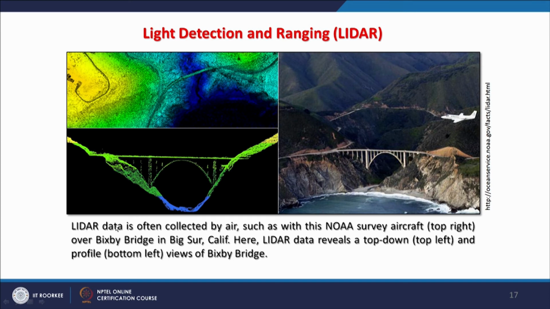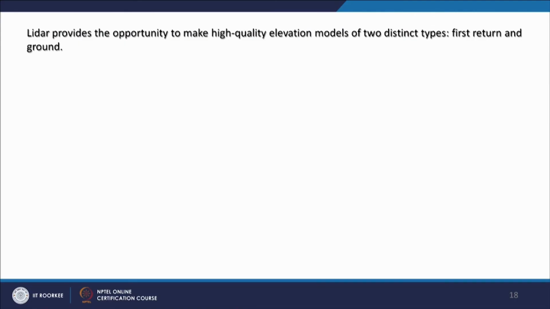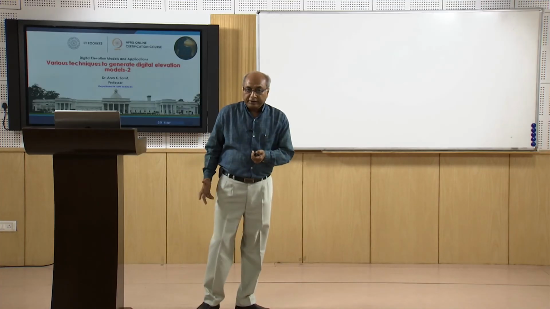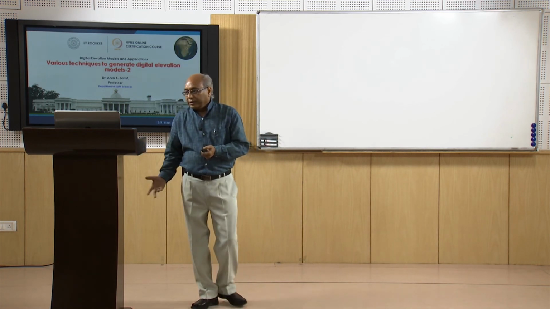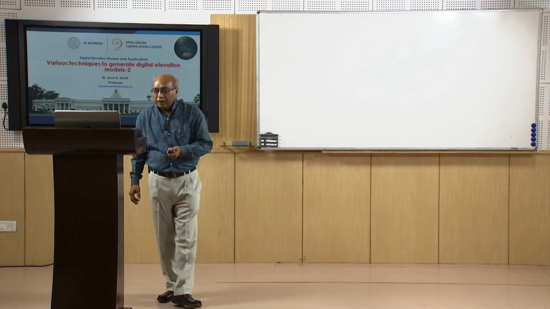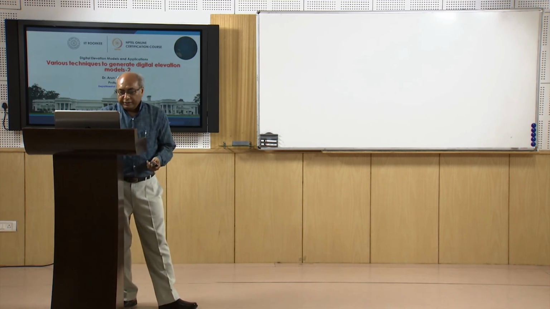Here Lidar data is often collected by aircraft, and of course satellite-based Lidar is still not a very ready one, but airborne Lidar is very common. Also, Lidar provides an opportunity to generate very high quality digital elevation models at a very high resolution, because it is ground based, so we can generate much higher resolution elevation models.